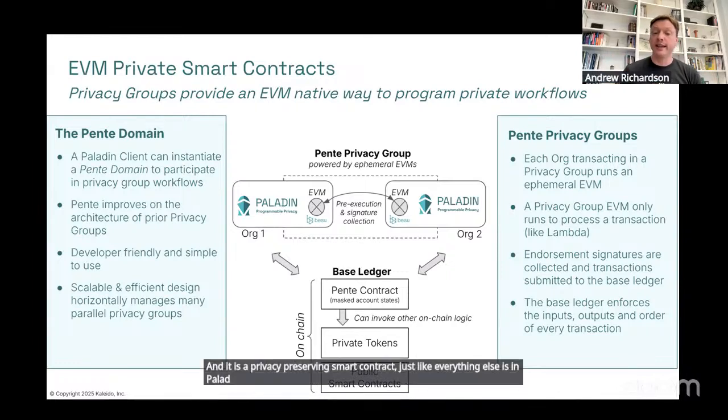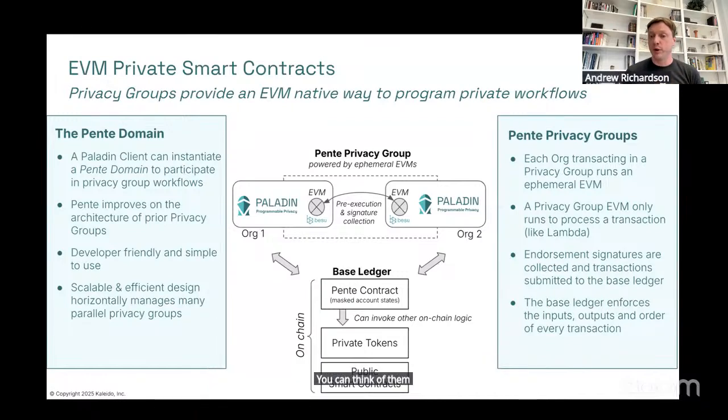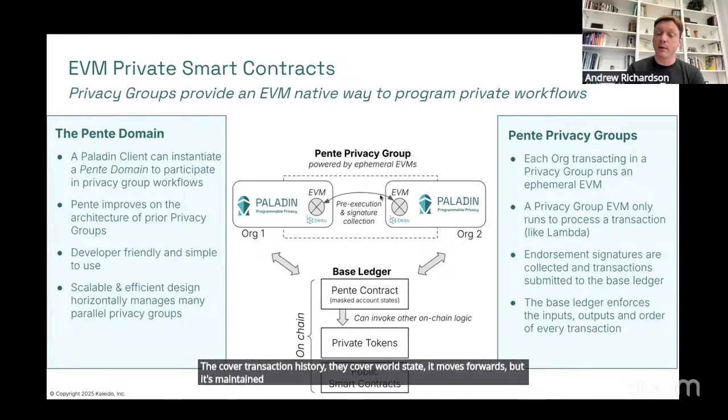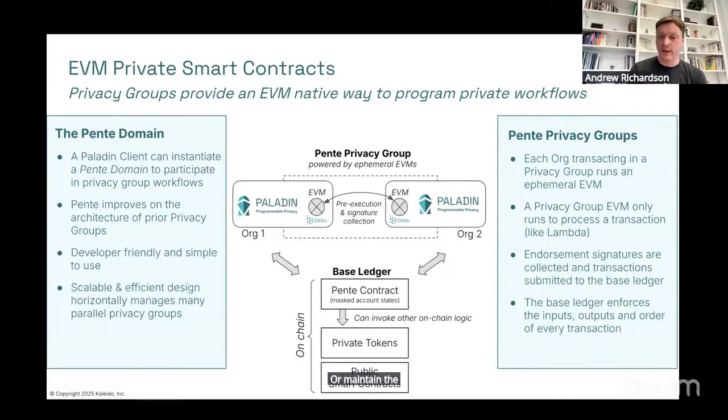This one is about running EVM smart contracts in little mini EVM worlds, private worlds that are only visible to a small number of people. You can think of them a little like individual blockchains. They have a transaction history and a world state that moves forwards, but it's maintained privately between a much smaller set of people than those that maintain the base ledger itself.